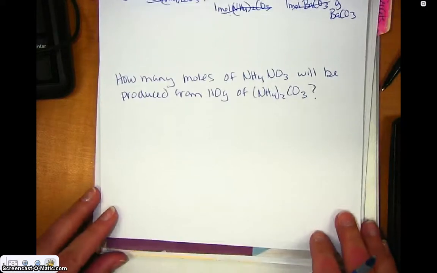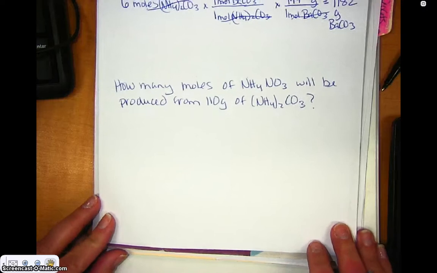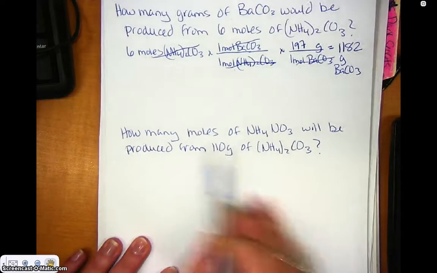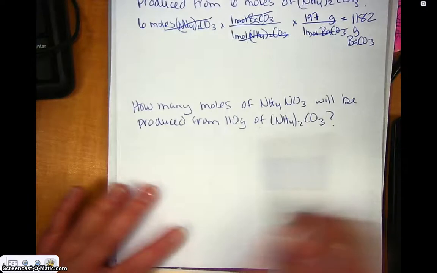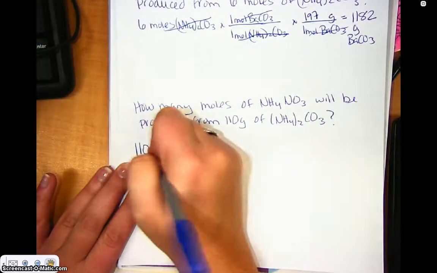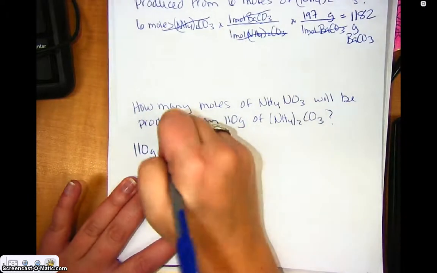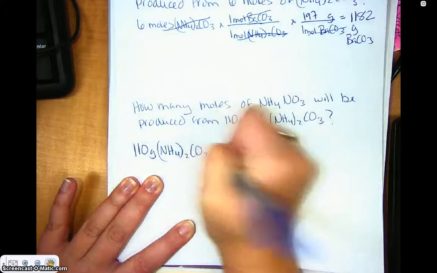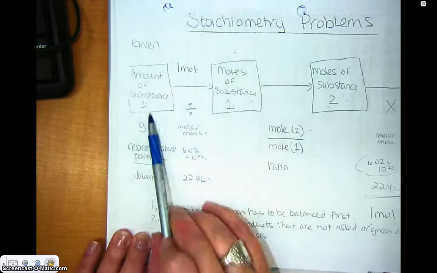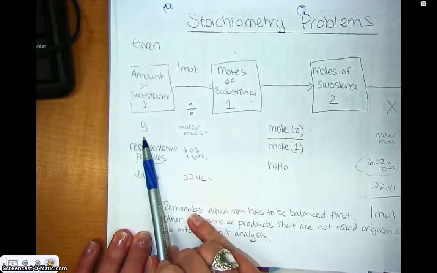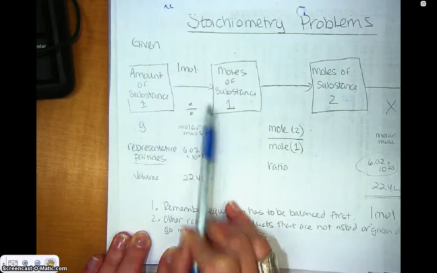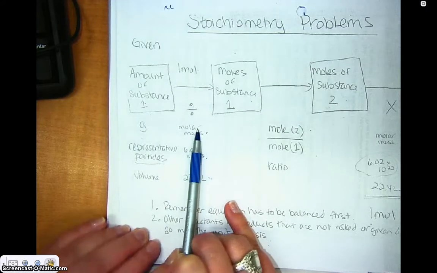In this case, I'm going from grams of one substance to moles of another. So let's write down what we have: 110 grams of ammonium carbonate. If I look at my cheat sheet, the amount I'm given is in grams, so my first step is going to go from grams to moles using the molar mass conversion that we learned in Unit 5.